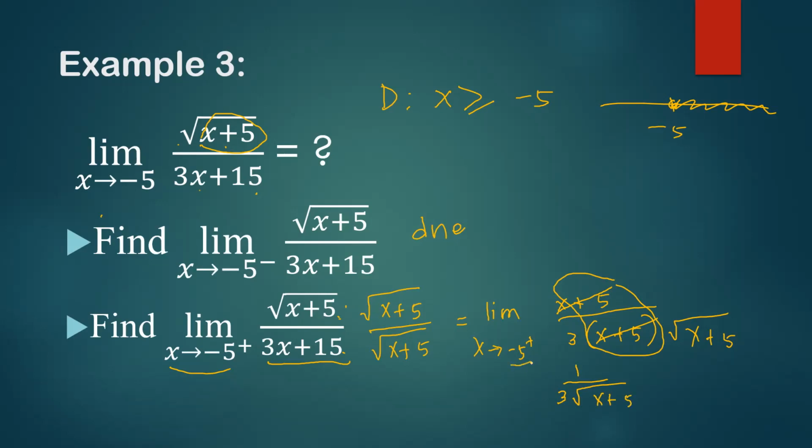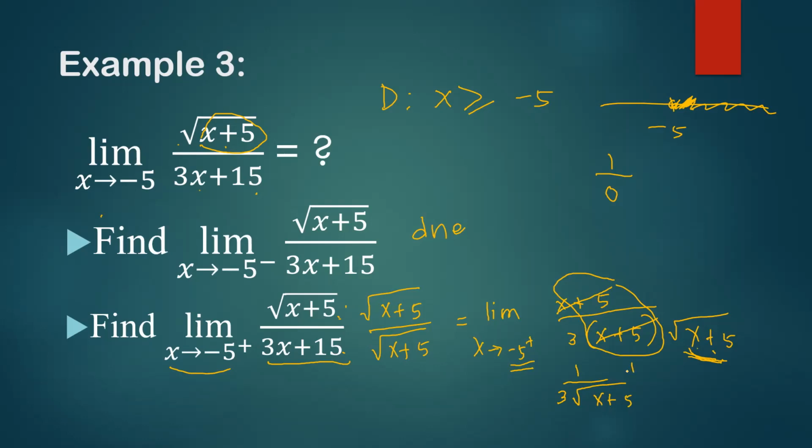So kung nanggagaling ka sa right side ni negative 5, dito ka, dun sa number line, referring to your number line, you have negative 4.9, negative 4.99. You have something that approaches 0 here. So nag-a-approach sa 0, okay? So magiging ano din siya, 1 over 0, okay? So ang tendency, hanapin mo na lang yung sign niya.